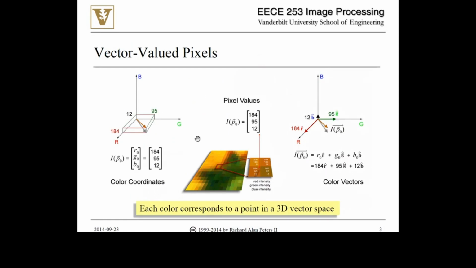So yeah, here you have this representation. So let's say that you have this color here that is in the RGB code. It is 184, 95, 12. So that means that if you think of it as a vector, you have three coordinate axes. So you have the RGB coordinate axis, and then in that coordinate system, this color has these coordinates.